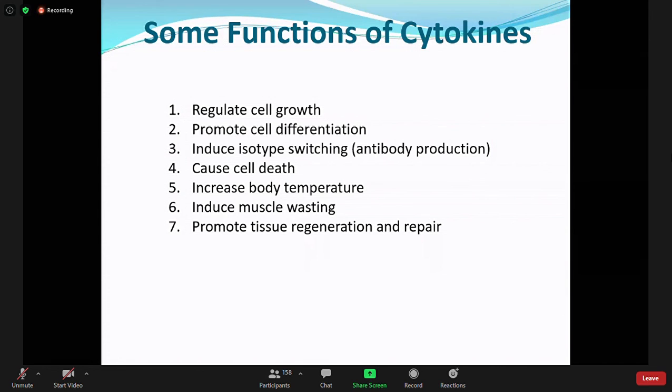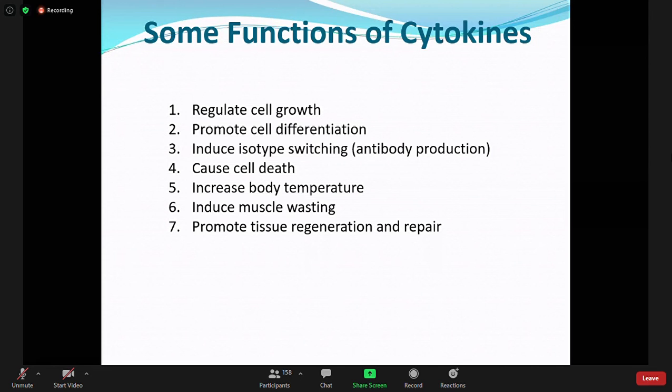For instance, once a naive T cell sees antigen with co-stimulation from a dendritic cell, it will stimulate that naive T cell into an effector cell and also induce that effector cell to proliferate, to increase in numbers, and also change its telomere length so that it increases its half-life.